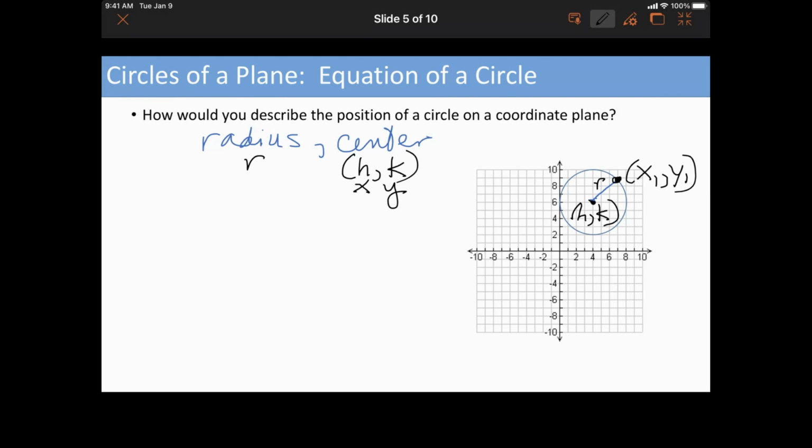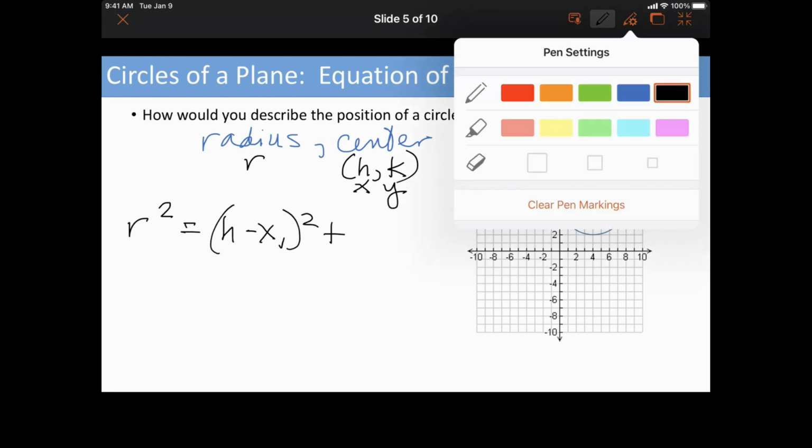Okay, so if I do this, we would say r squared, just like what we did before. Do the distance. And oops, I did that wrong. Sorry.